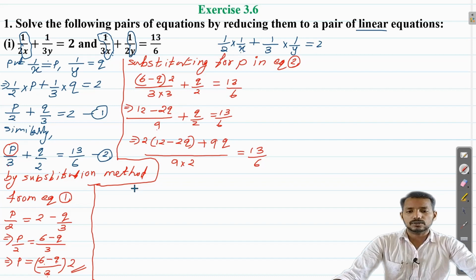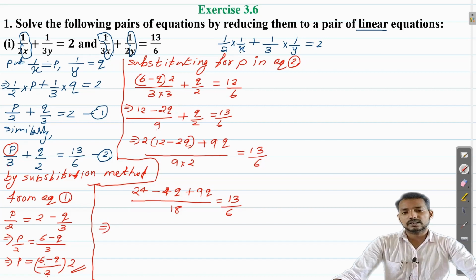Expand again, 2 into 12 is equal to 24, minus 2 into 2q is equal to 4q, plus 9q, divided by 9 into 2 is 18, which is equal to 13 divided by 6.